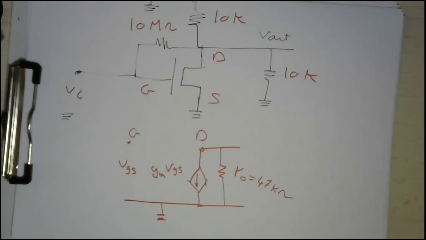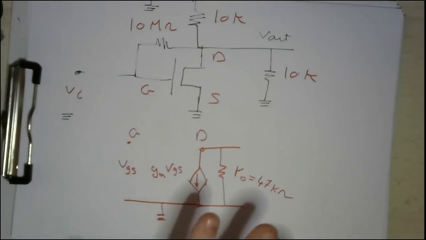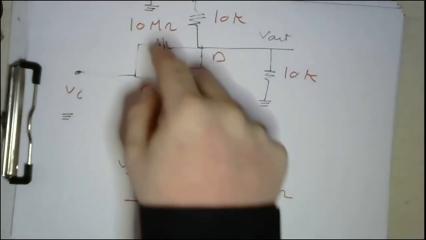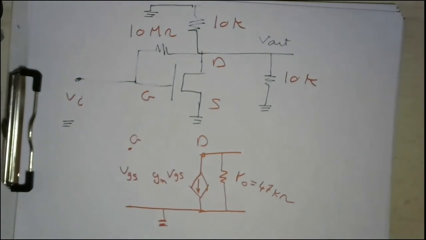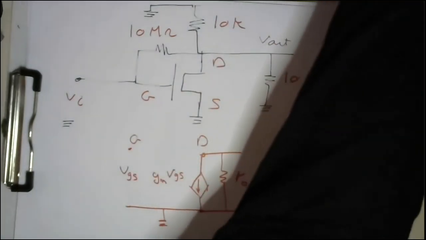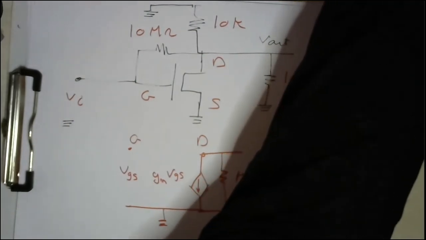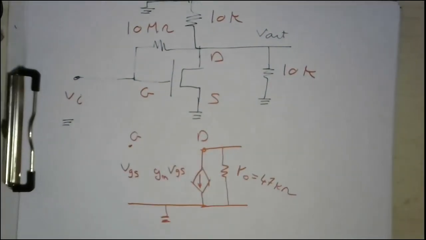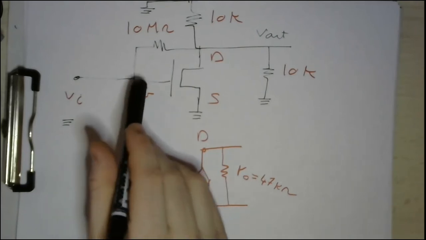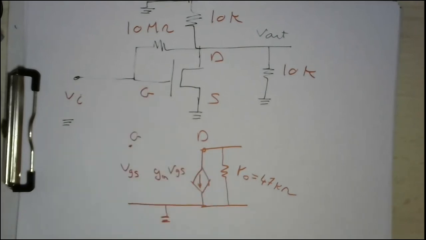Okay. Now you will start connecting the additional circuit elements to your small signal circuit model. So I will use another color just to distinguish. For example, we start with the gate, which is connected to the input.